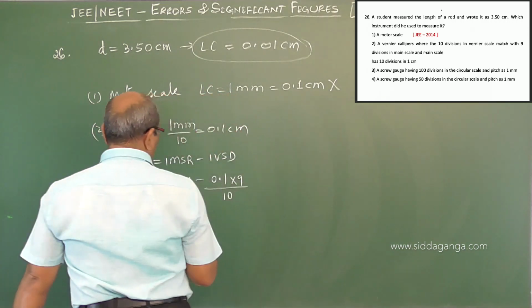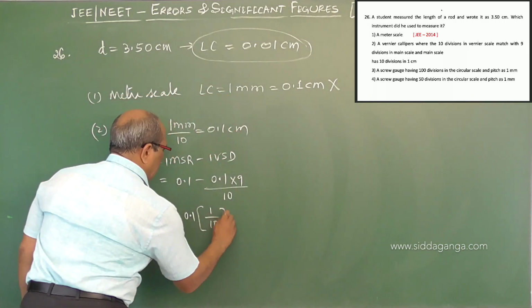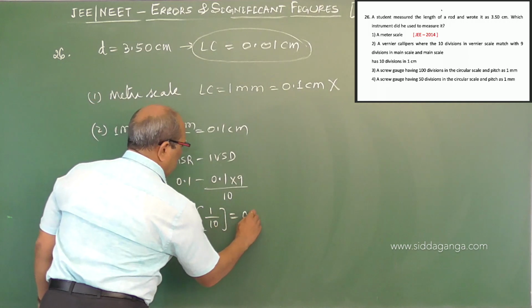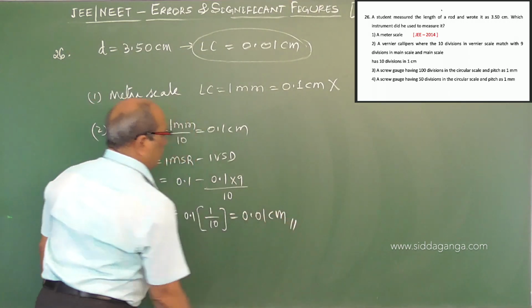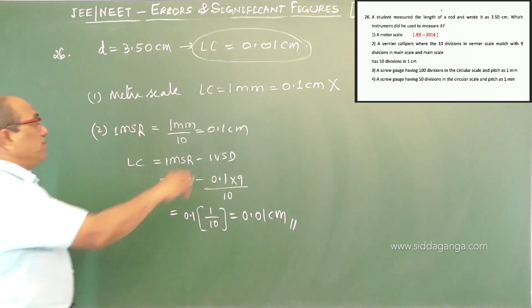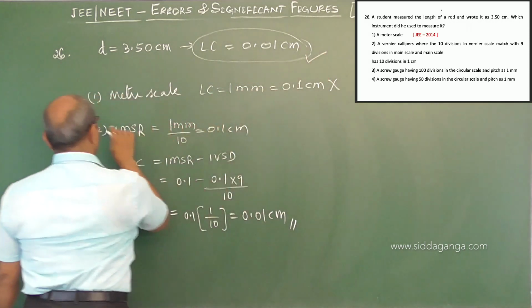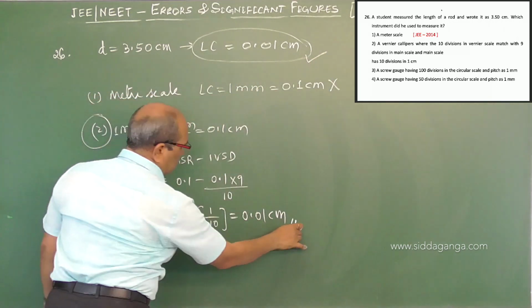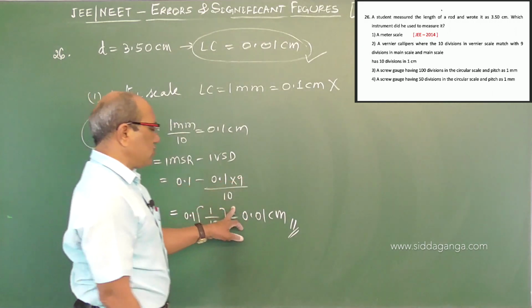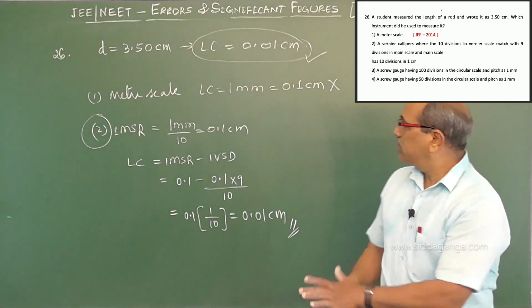Ten minus 9 is 1, so 1 by 10 becomes 0.01 centimeter. So this may be the answer. Vernier calipers have this: 9 divisions cover 10 divisions, 9 by 10.